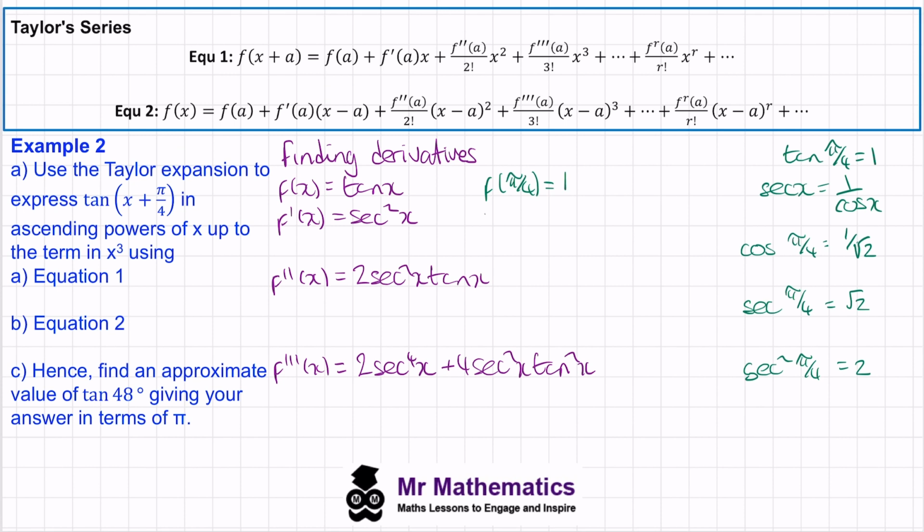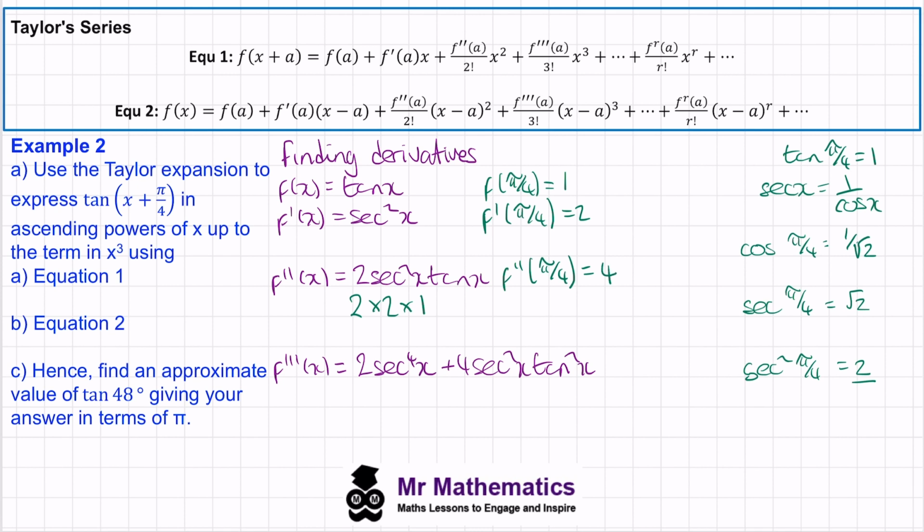1, f dash of pi over 4 is sec squared, which is 2, f double dash of pi over 4 is 2 sec squared tan x, so 2 times 2 times 1, which is 4.